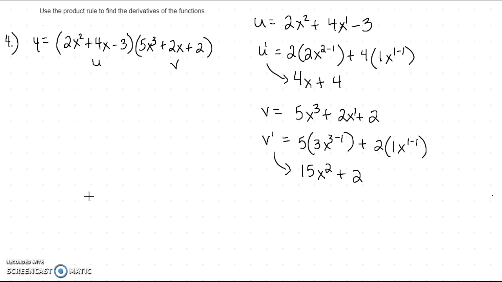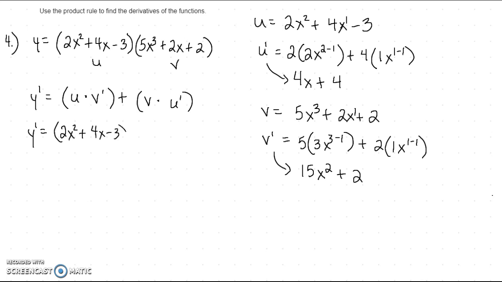So now to set this up, to find the derivative of y, we're going to do u times the derivative of v, and we're going to add that to v times the derivative of u. So let's go ahead and just continue to set this up. U is 2x squared plus 4x minus 3. And we're going to multiply that by the derivative of v, which happened to be 15x squared plus 2.